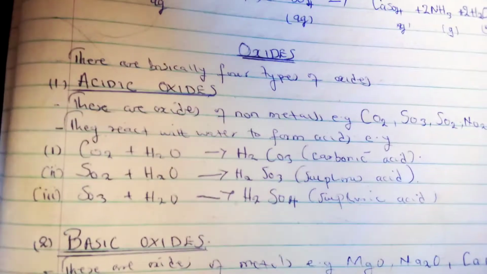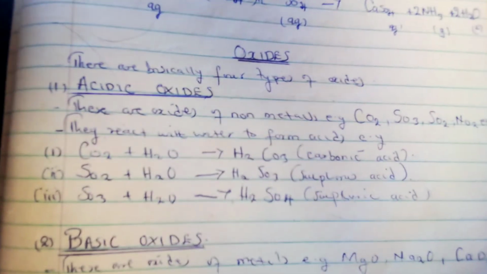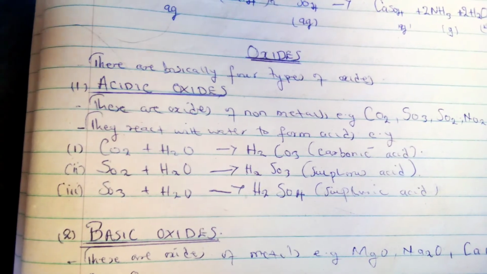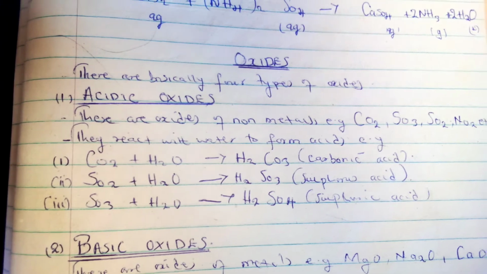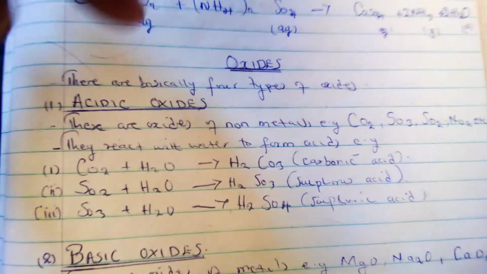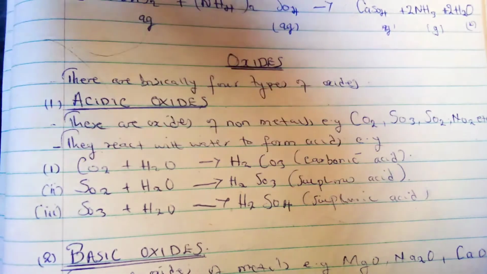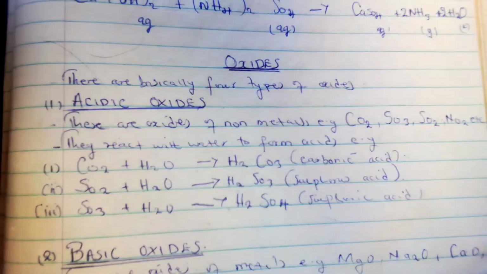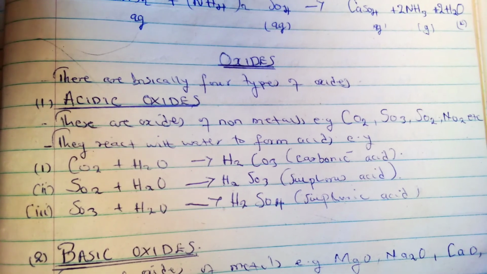Alright, so we get to oxides. There are 4 types of oxides that we have. One is called an acidic oxide. Now, what do we mean when we say acidic oxide? We mean that these are oxides of nonmetals, meaning when a nonmetal combines with oxygen, for example, carbon dioxide, sulfur trioxide, and sulfur dioxide.